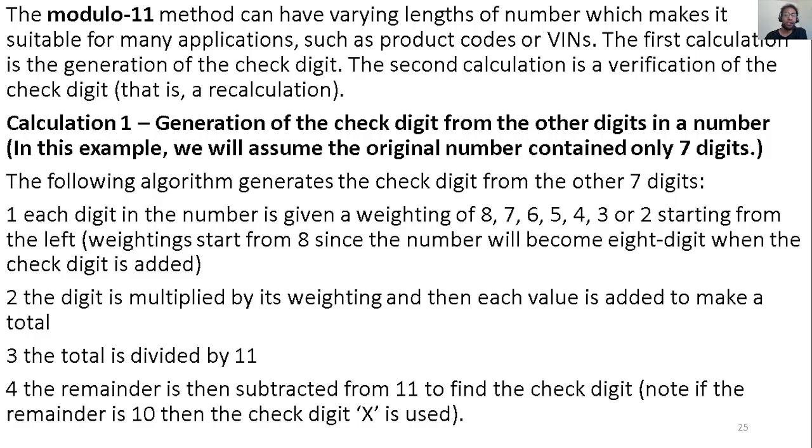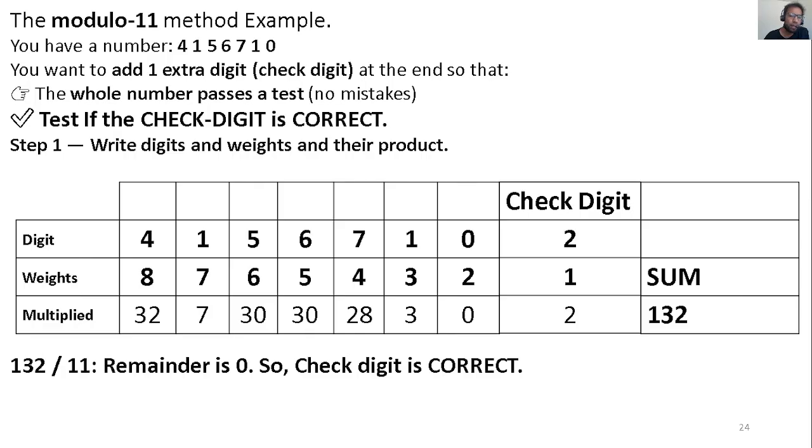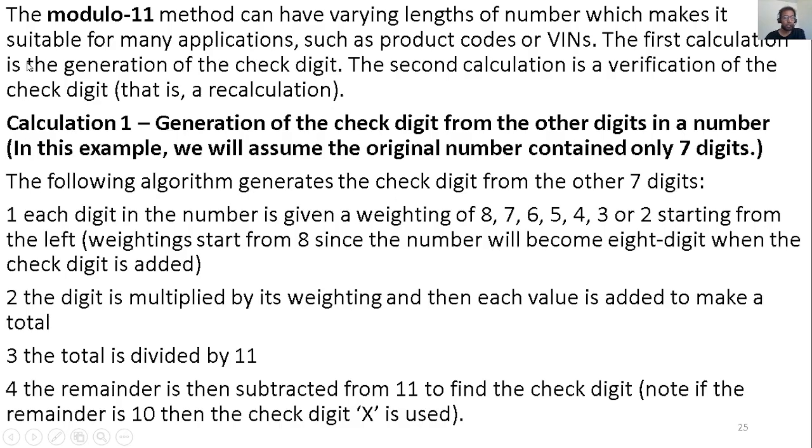And this is how it is written in the book. I think this approach is much easier to understand, and this is the approach that is written in the book. All the steps are written separately. The following algorithm generates a check digit from the other 7 digits. One, each digit in the number is given a weight.